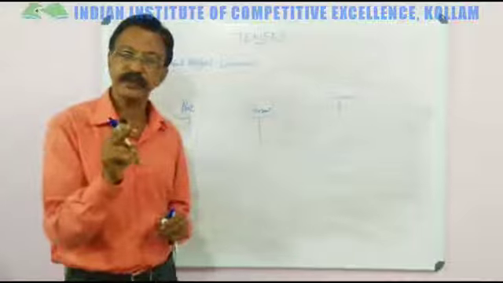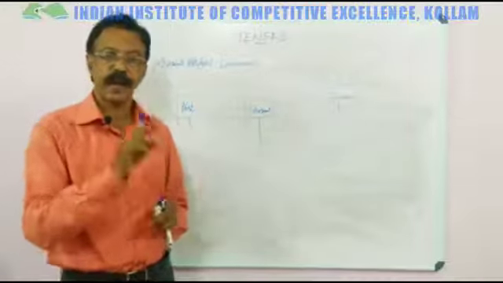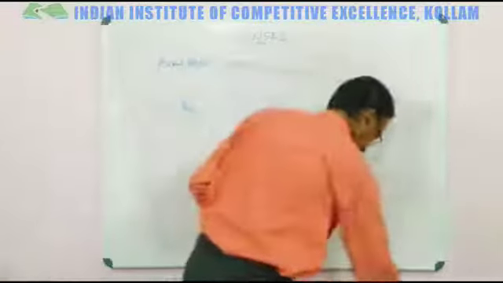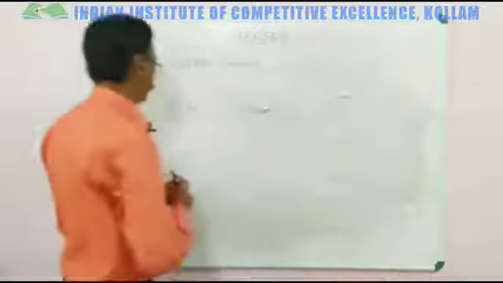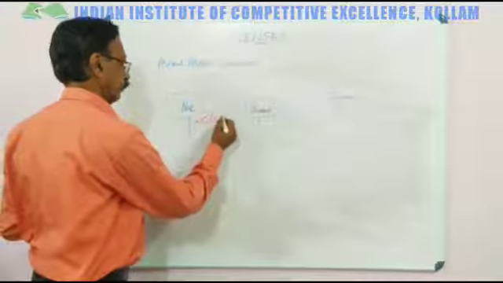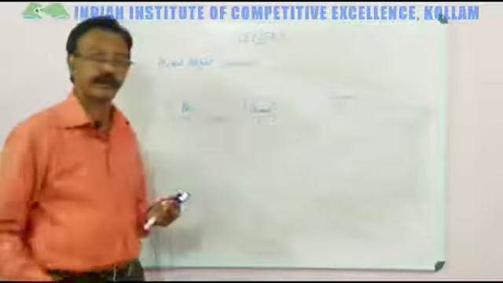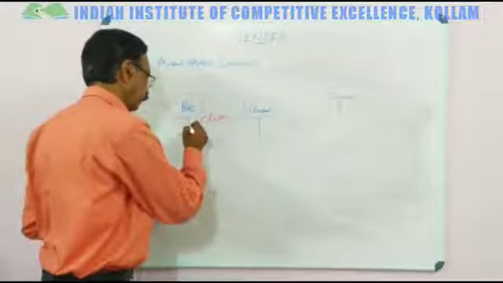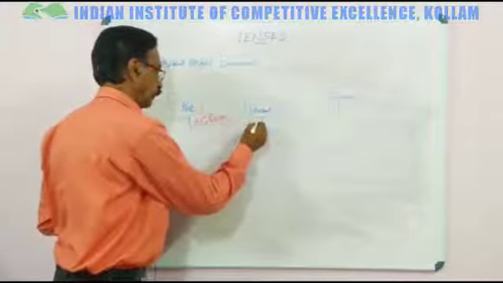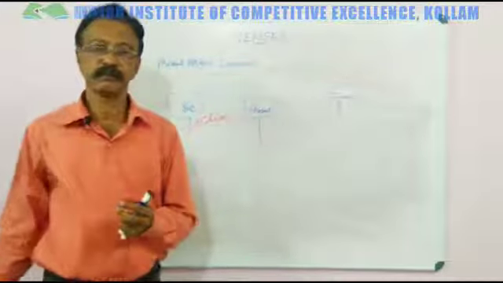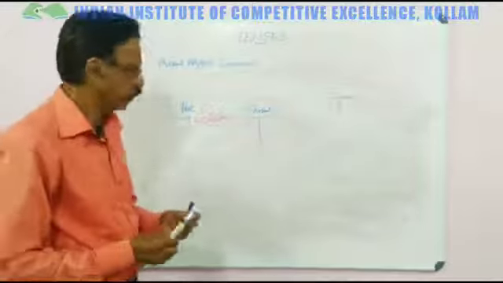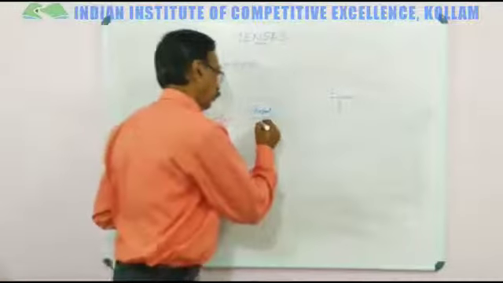Present perfect continuous denotes an action or happening started in the past, reached the present, and it is expected to continue to the future.